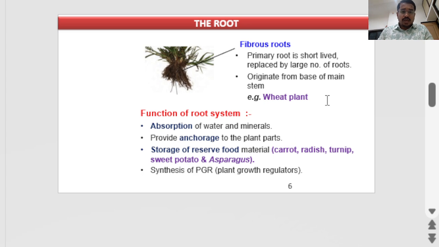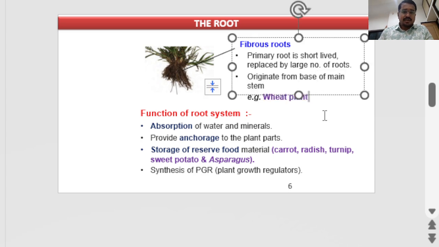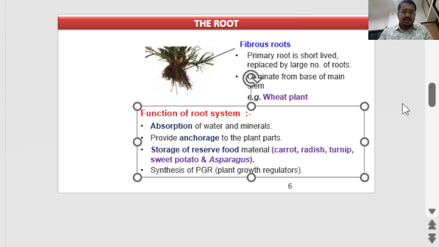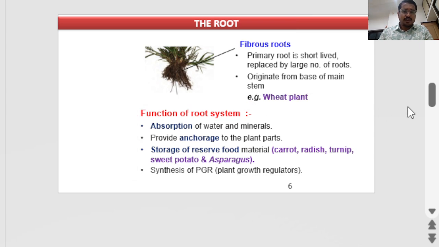These roots originate from the base of the main stem, for example in the wheat plant. These are always present in large number because here the primary root is short-lived, and after some time it is replaced by several roots. Okay, so these are the fibrous roots.